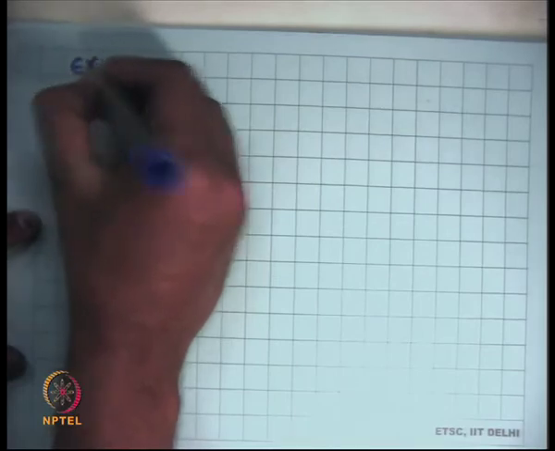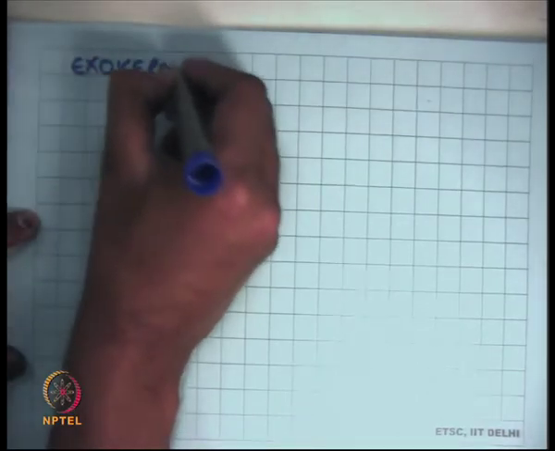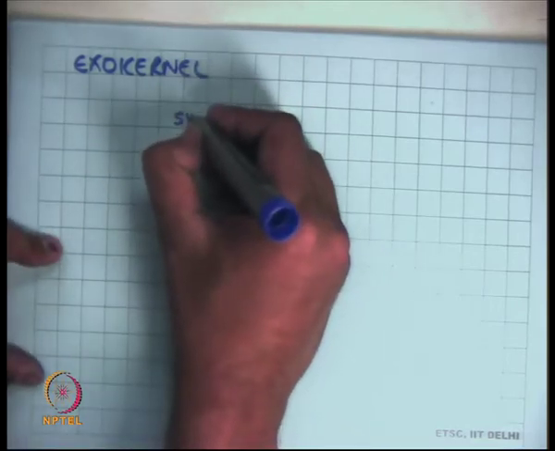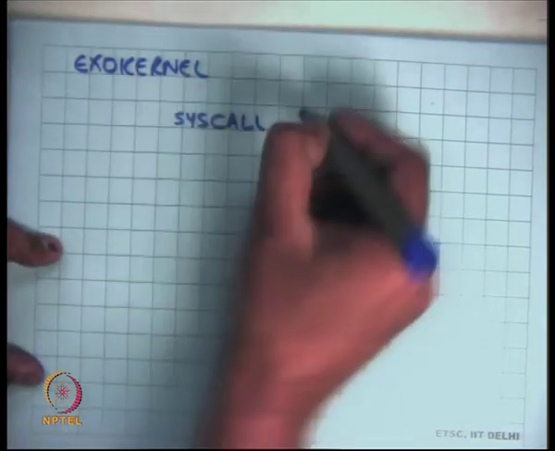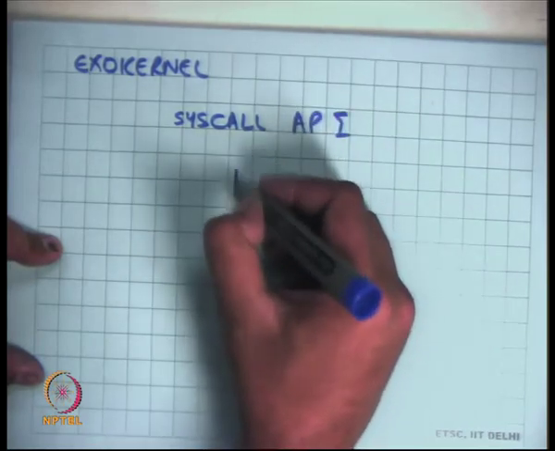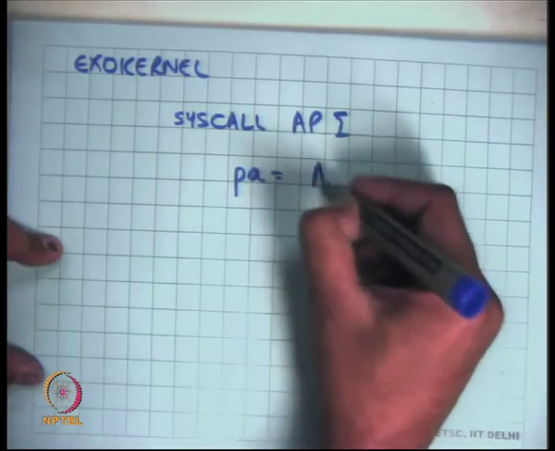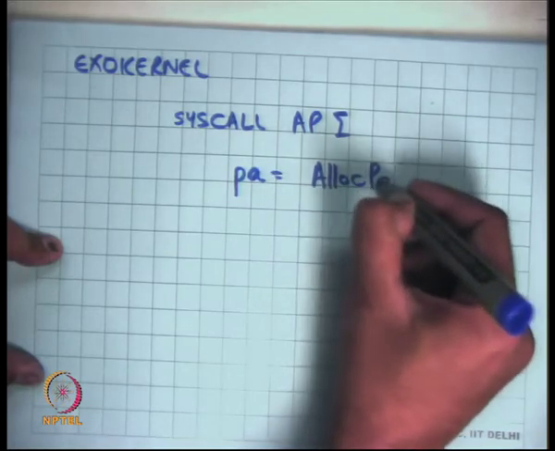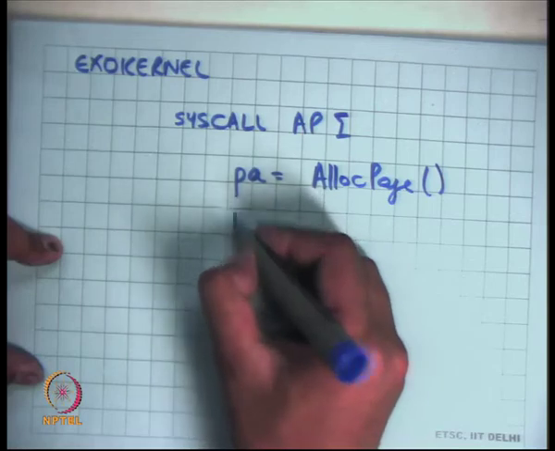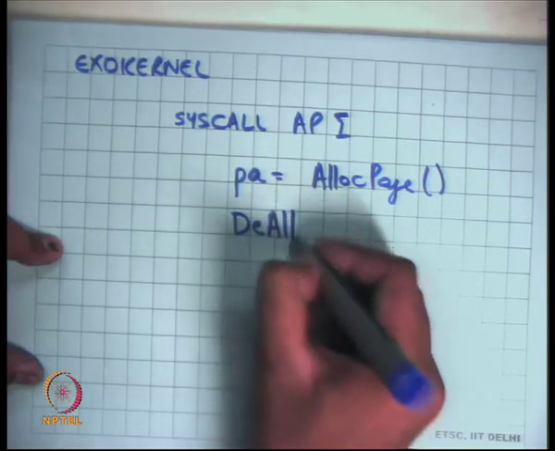So let's say I'm using the exokernel example. My system call interface, syscall API, looks something like this. Physical page equals alloc page. Then there is dealloc page, which takes an argument physical address.